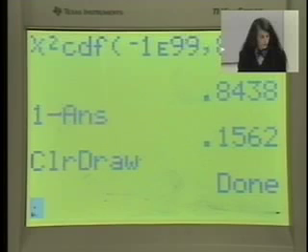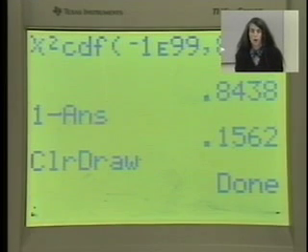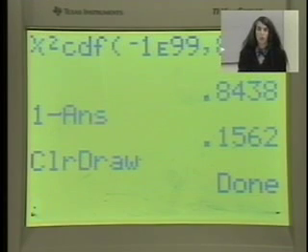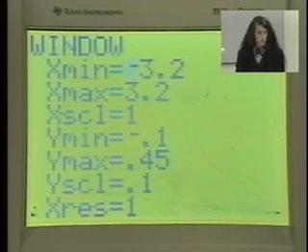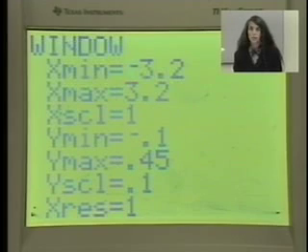That would work too. Now, in order to be able to draw a graph, just like on a piece of paper, we have to scale it. And we do that with the window key. So the next step following the instructions is to press window. And it says, first set the minimum and maximum values for x in the graph.